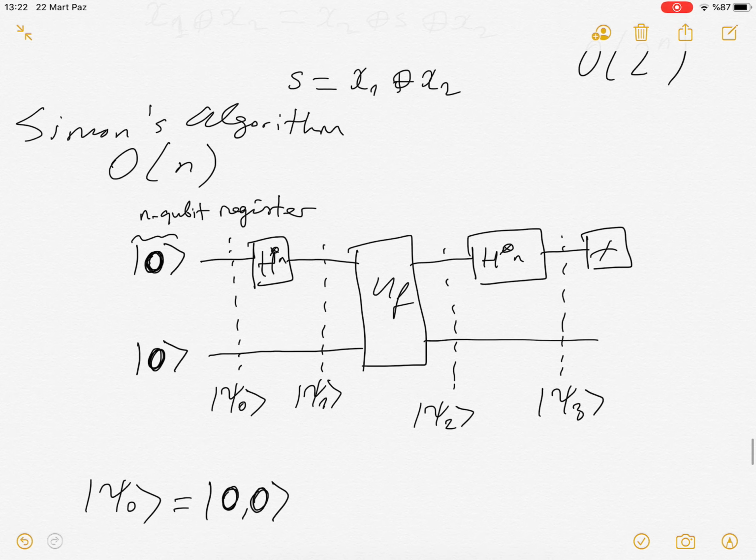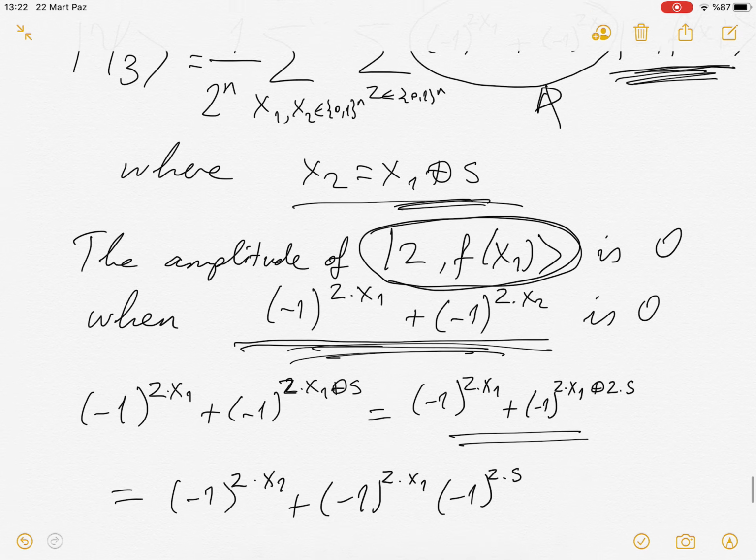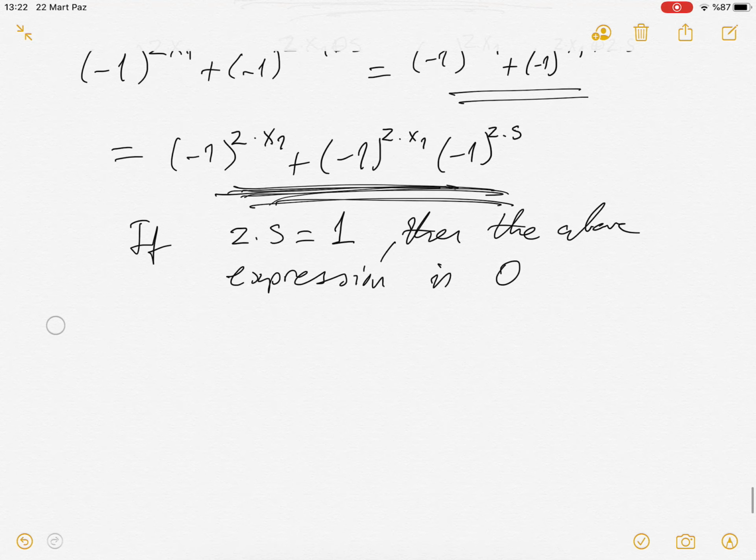So if we measure the first register right here, I will only observe those z's which are orthogonal to s.